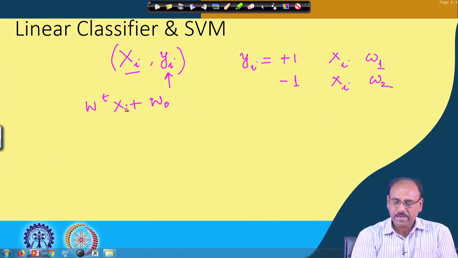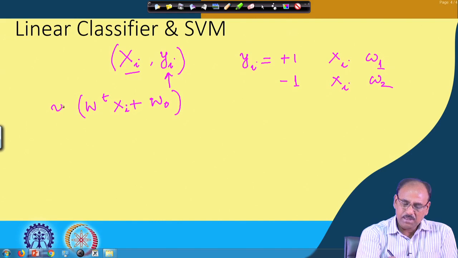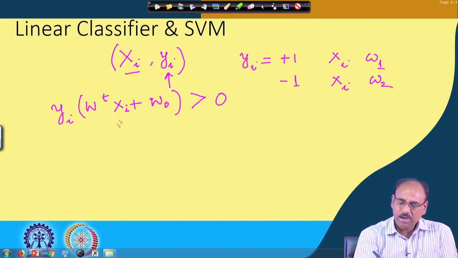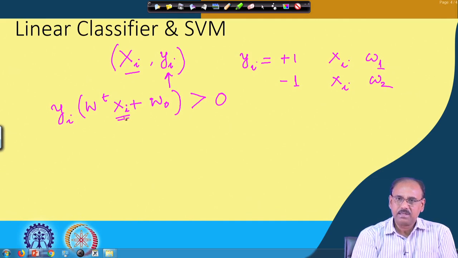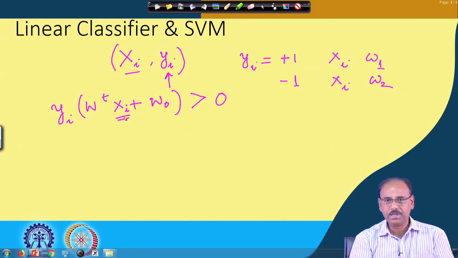So, this vector xi, this whole thing multiplied by yi, should be greater than 0 if xi is correctly classified by the weight vector W and the margin W naught. This is obvious, because if the sample xi is taken from class omega 1, then my condition is W transpose xi plus W naught should be greater than 0 for correct classification.